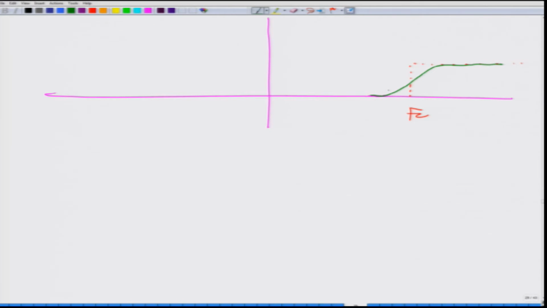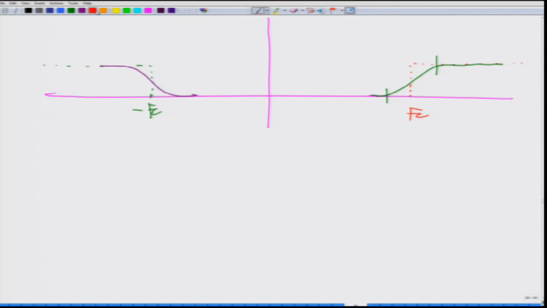On the negative frequency side, if I draw minus FC, the ideal one would be something like this, and what we would have is something that looks like this.